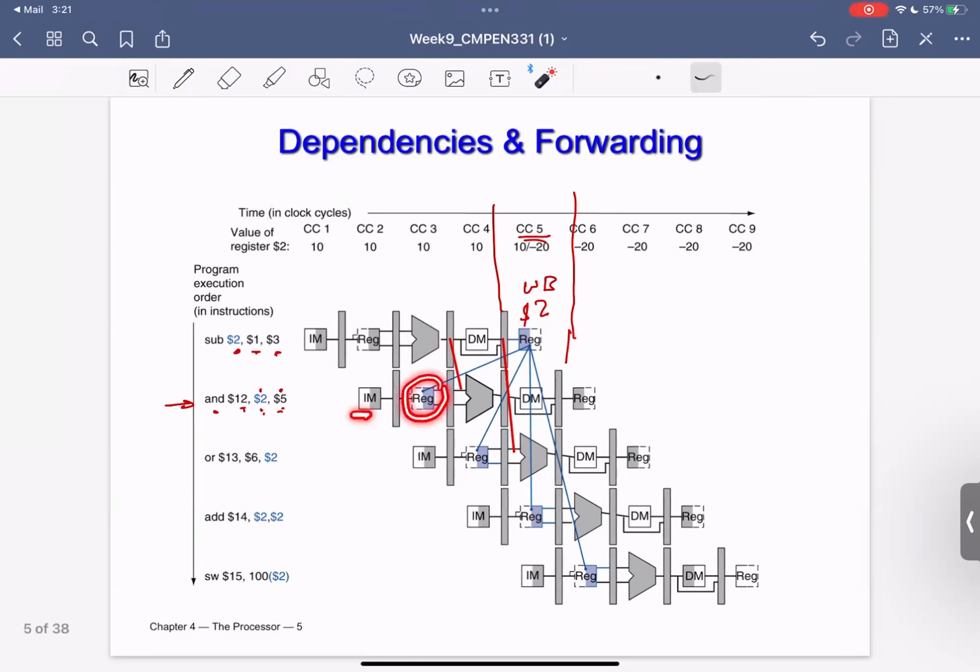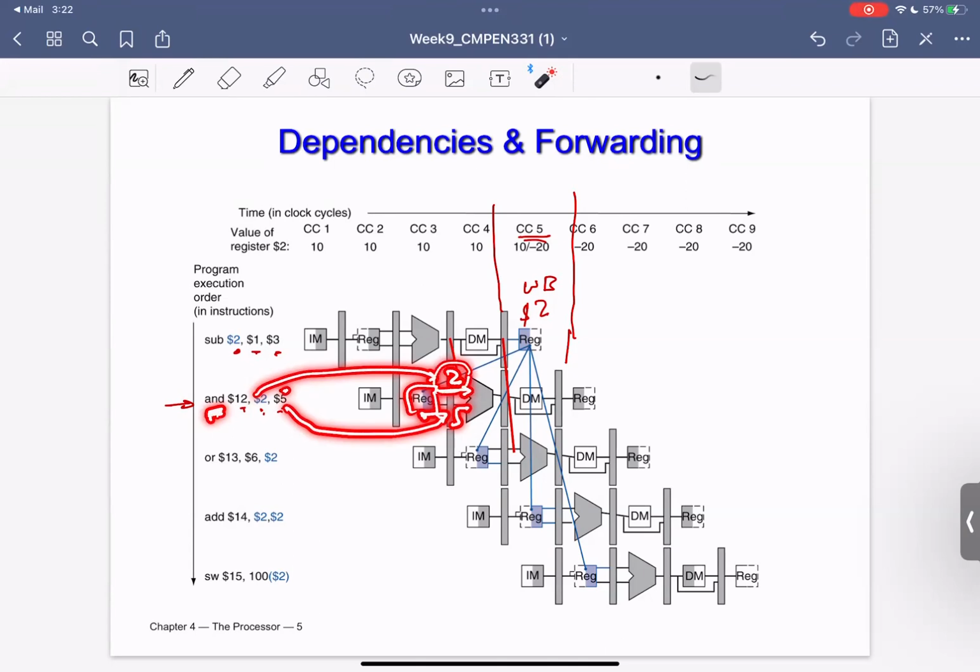Here I will decode my instruction, meaning I have to pass to my ALU whatever is in register number 2 and whatever is in register number 5, because this is the decoding. In the decoding, I already took the instruction and I decode it. I know now where exactly my registers are, and I have to pass that to the ALU so the ALU will be able to do the AND.